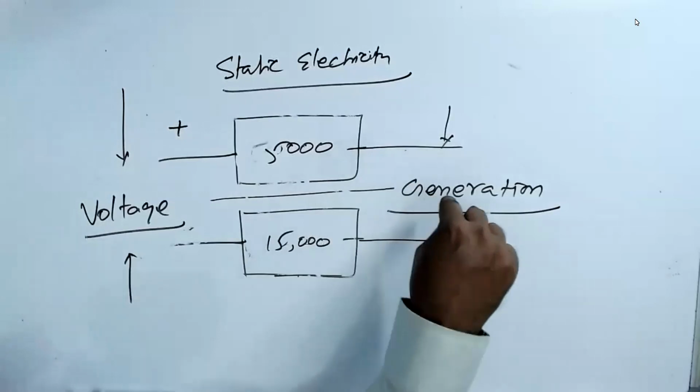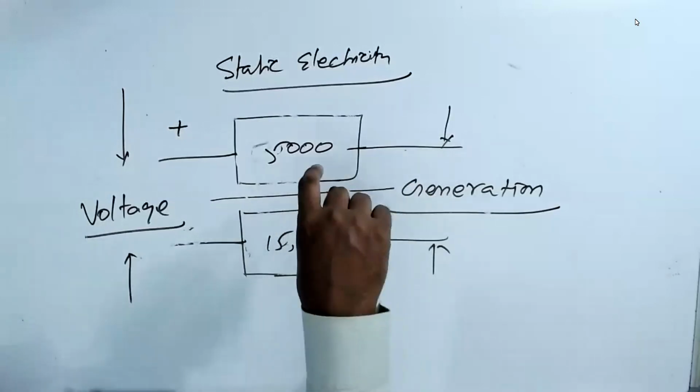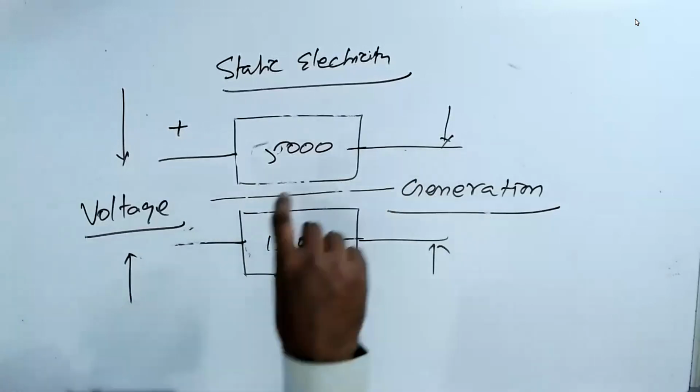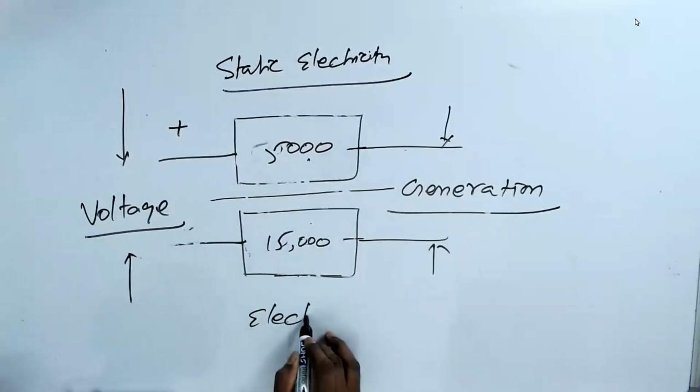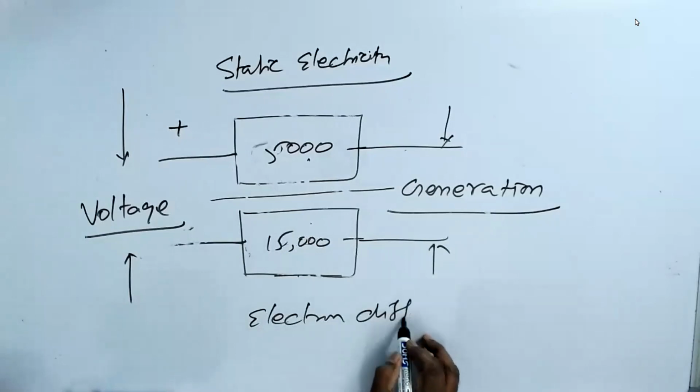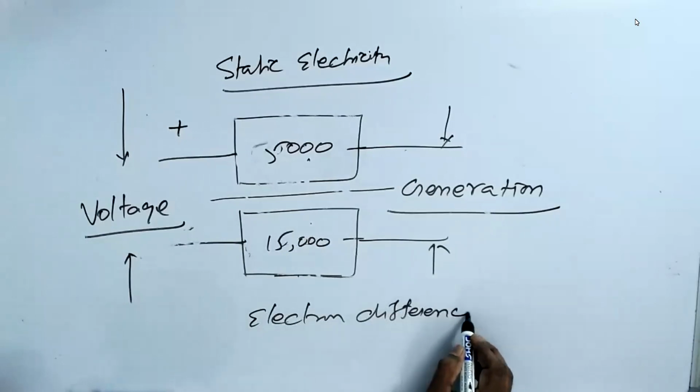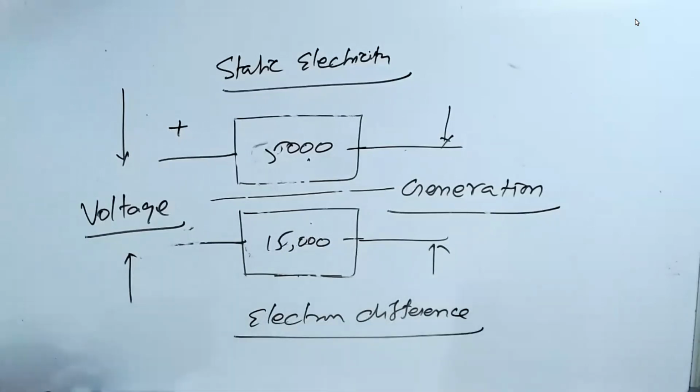So the same way they did here. When they generate, after generation they wanted to know what the difference is. You know what they counted? The electron difference.